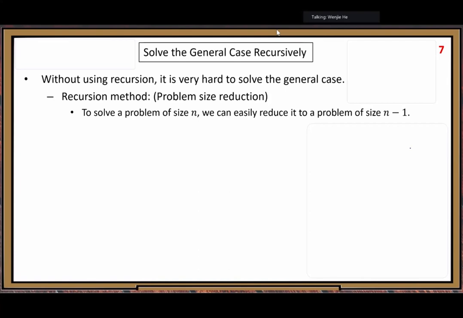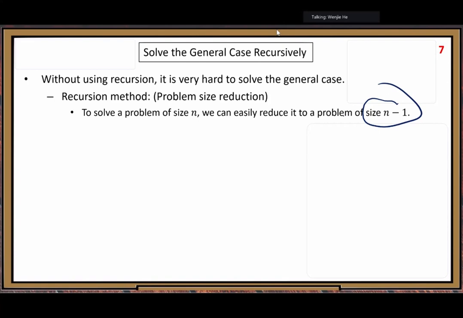If the current problem size is n, we assume the problem of the previous size, n minus 1, has been solved. It's a reasonable assumption.